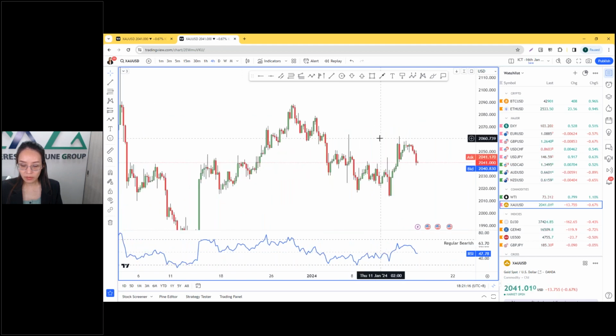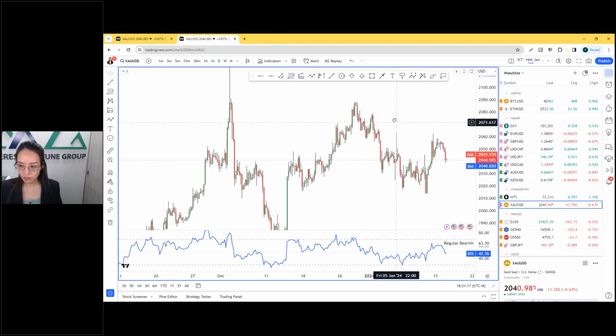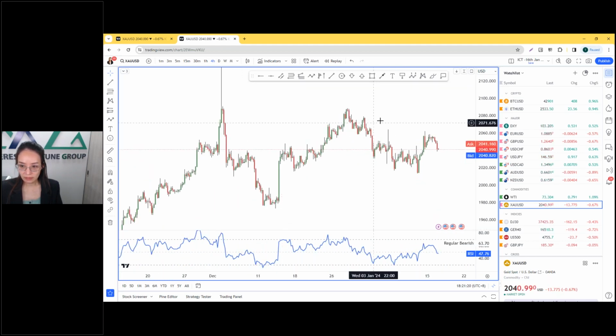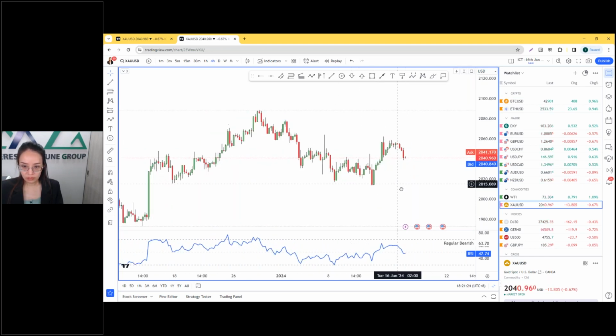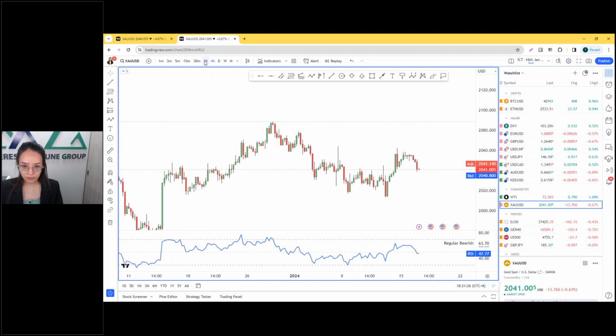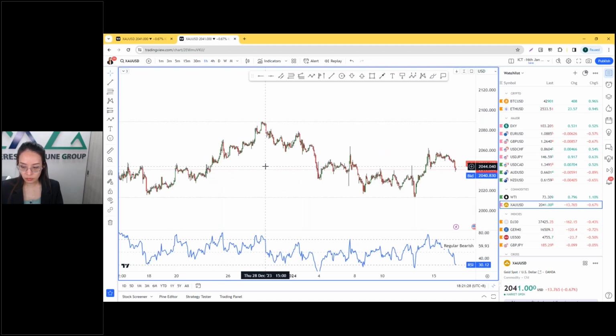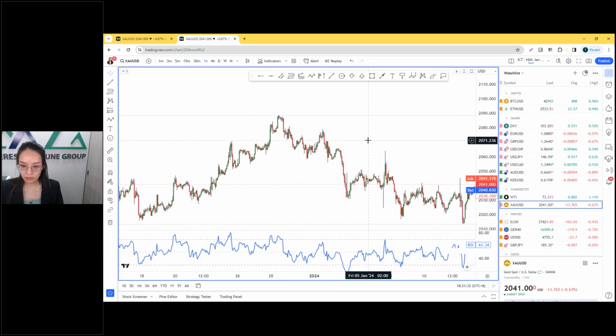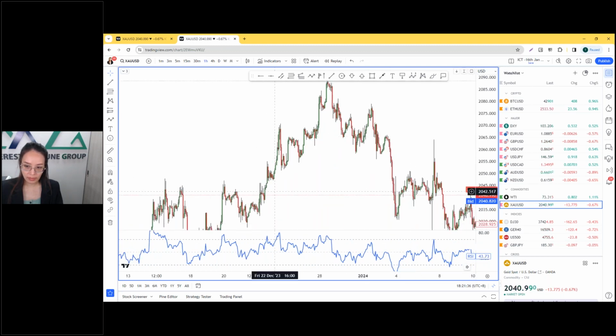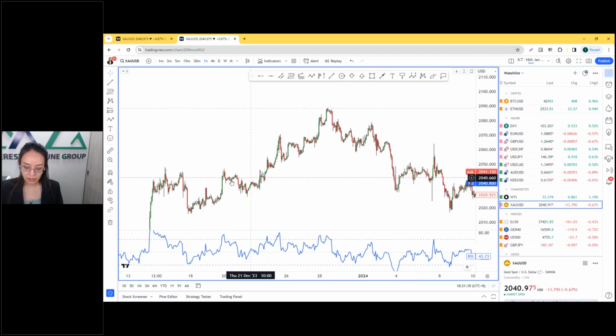For example, gold in H4, you know that price, to me, in H4 you cannot see clearly. What about you zoom to H1? Okay, in H1, I zoom for you, price is on an uptrend, right? Higher high, higher low, higher high, higher low, which is this high.